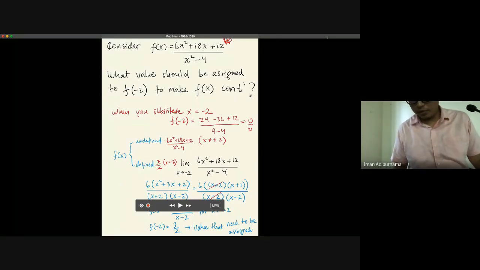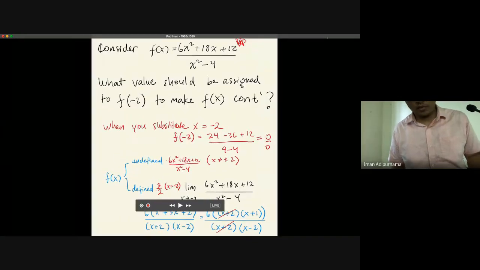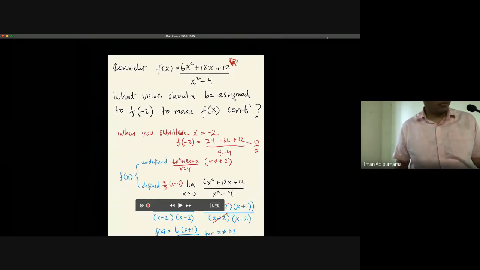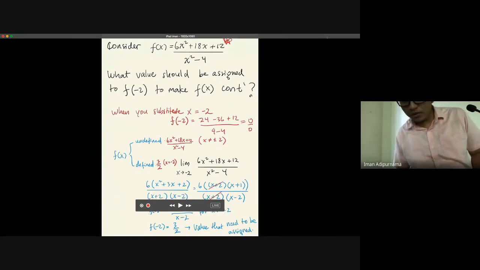Any questions from this part? Which one? Which part is blocked?